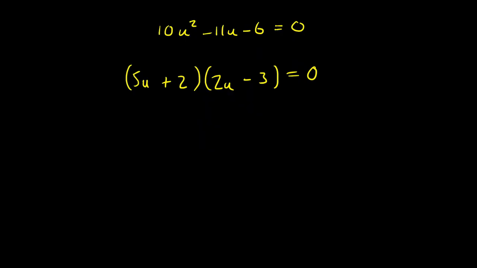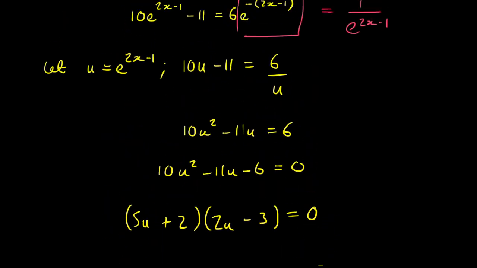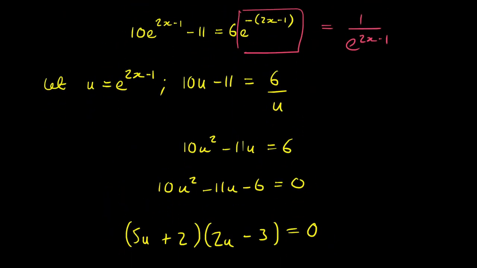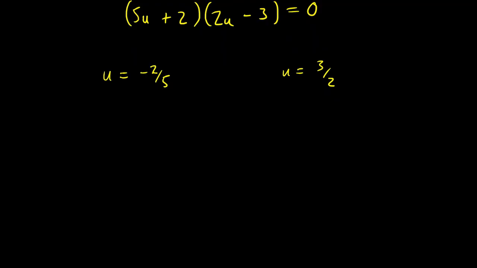So now what have we got? We have got that u must be equal to either negative 2 upon 5 or u must be equal to positive 3 upon 2. Now remember, what is u equal to? U is equal to e to the power of 2x minus 1, right? So e to the power of 2x minus 1 is equal to negative 2/5, or e to the power of 2x minus 1 is equal to 3 upon 2.